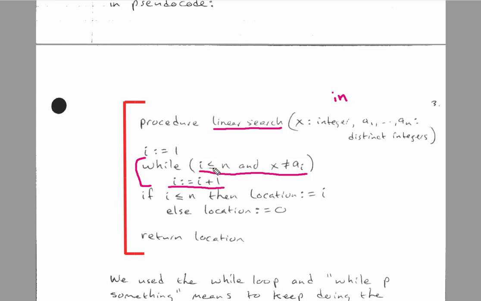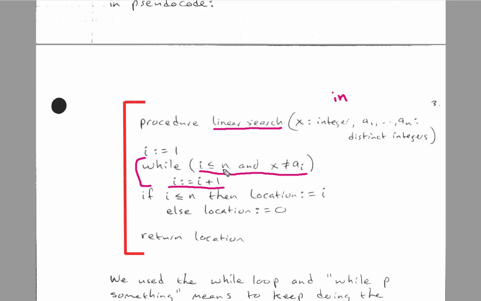So while i is less than or equal to n, so while we're still in the list, and x is not equal to a_i, remember x is what we're searching for, this means the ith number in the list is not what we're looking for.